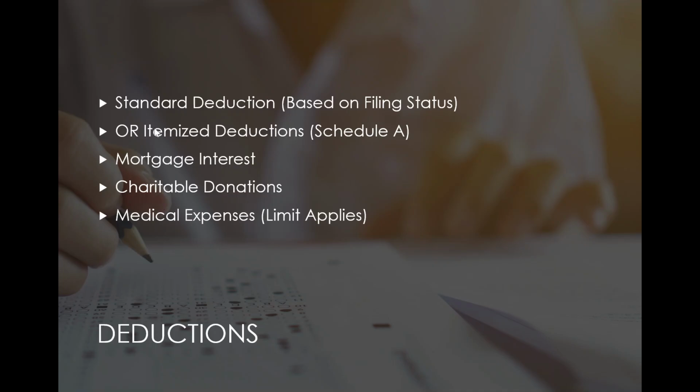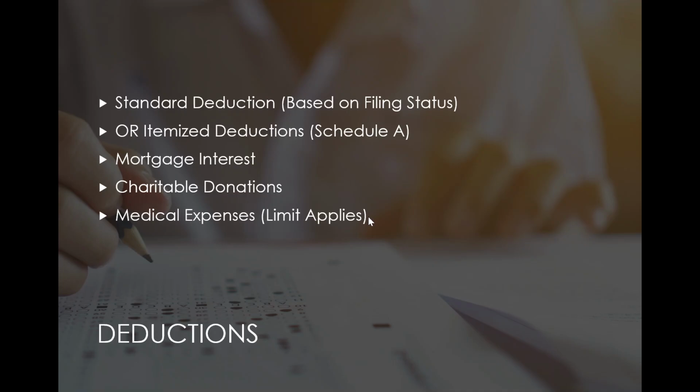And after that, deduction, I have already told that it is based on the filing status or itemized deduction as per schedule A. Some persons are also eligible for mortgage interest, charitable donations, whatever charitable donations he or she might have done, or medical expenses.